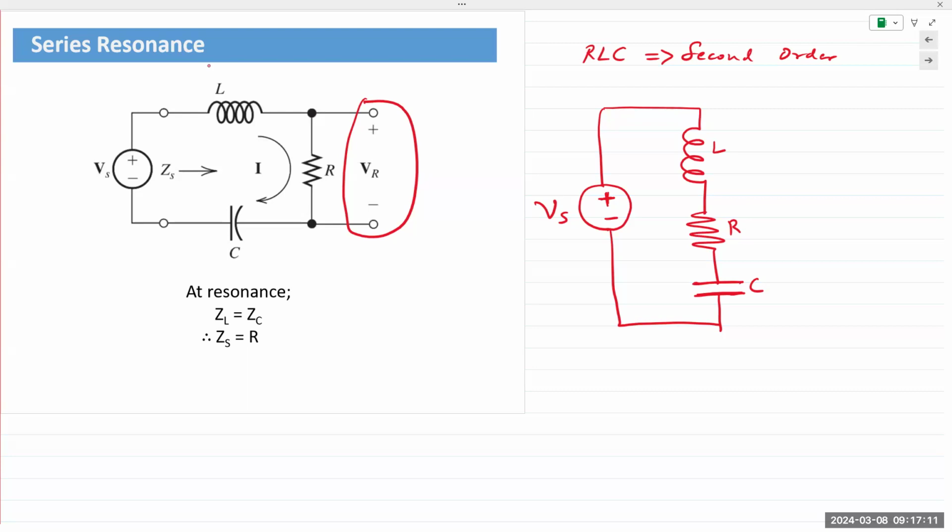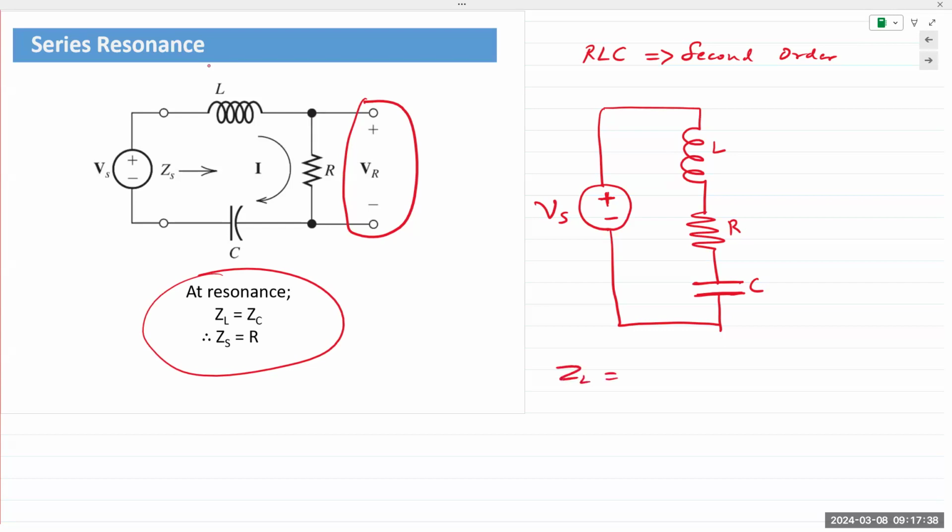Okay. What we are interested in is to see how the second order circuit could work as a filter. So at resonance, what happens? There is this phenomenon that occurs at resonance. It has to do with the impedance of the inductor and the capacitor.